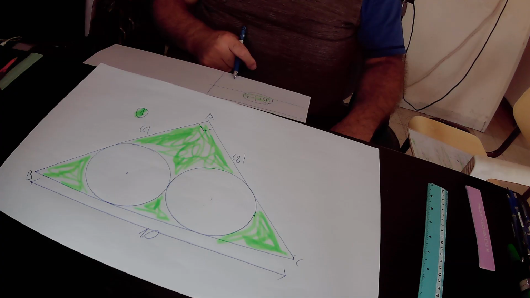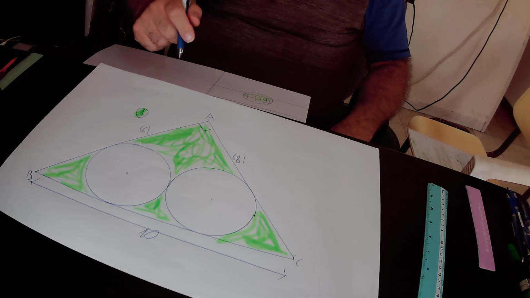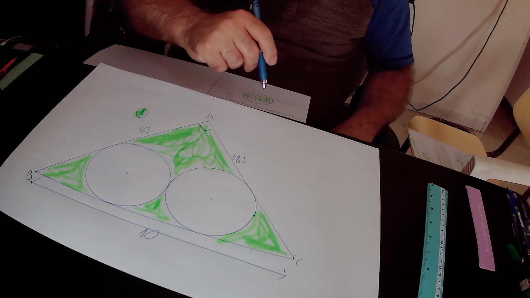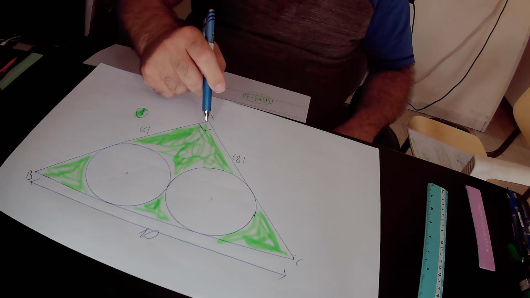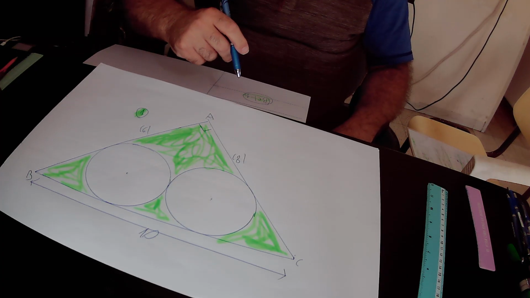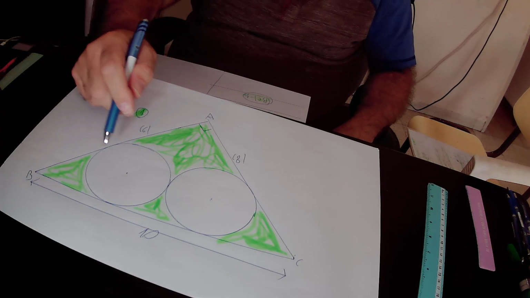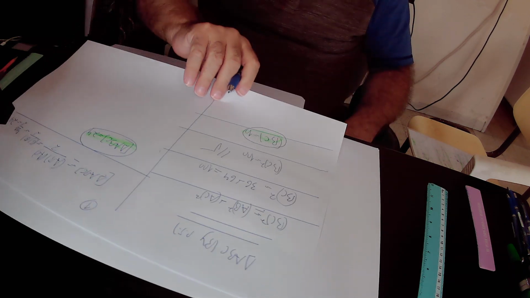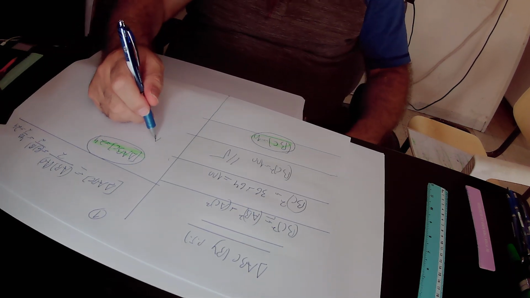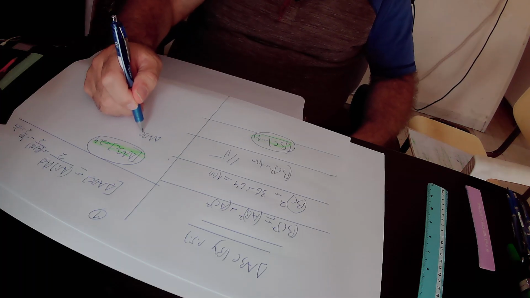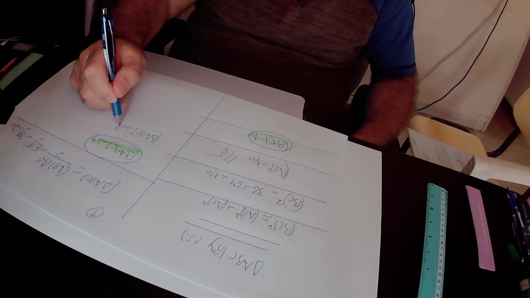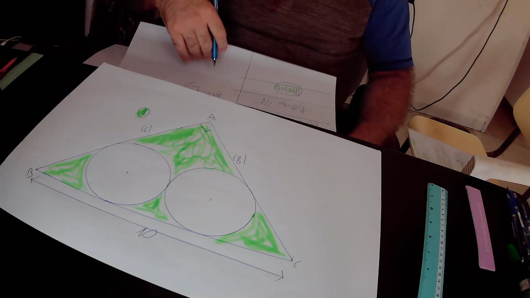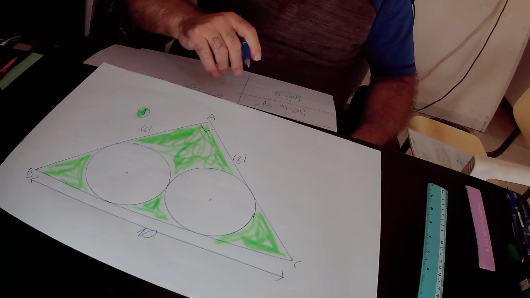We choose the base of triangle ABC to be BC, then the height corresponding to the base BC will be defined as H. Therefore the area of triangle ABC must be equal to the base BC times the height H over 2.